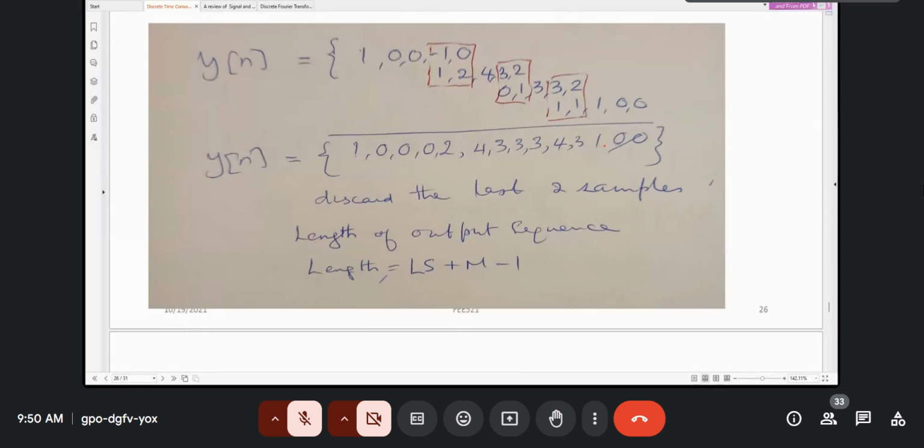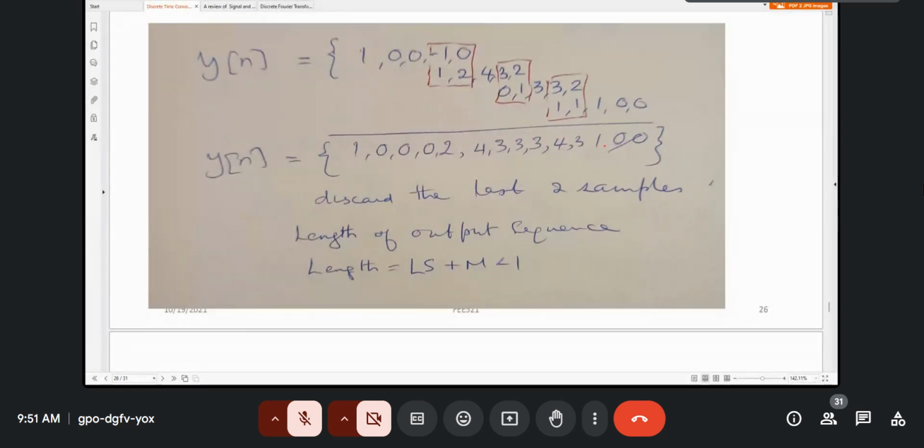It will be Ls plus m minus 1. And that is the method we call the overlap add method. Are there any questions?